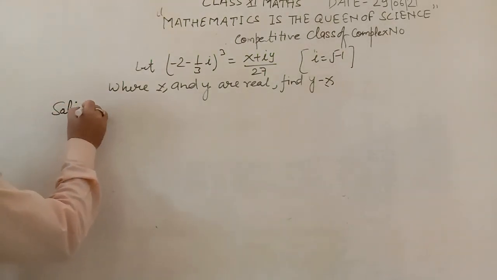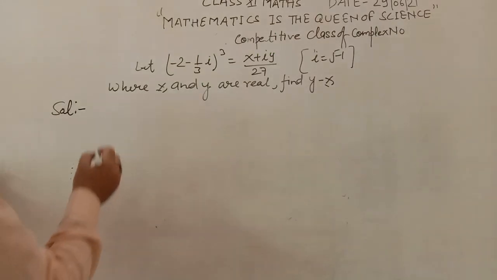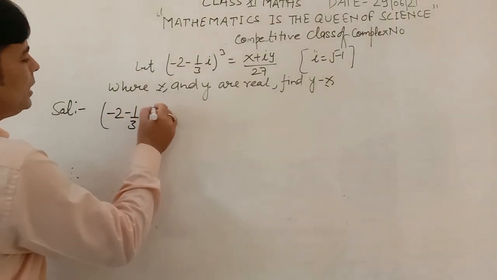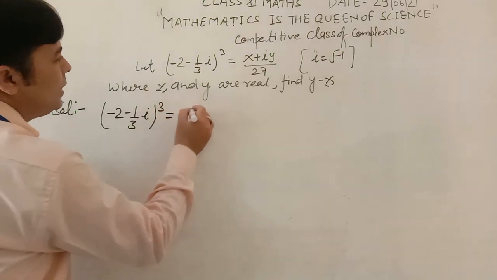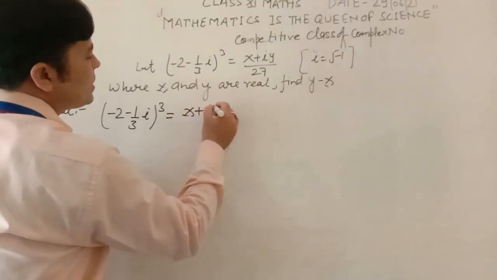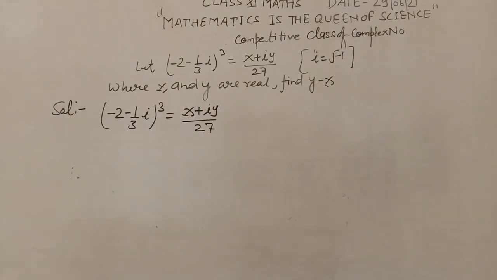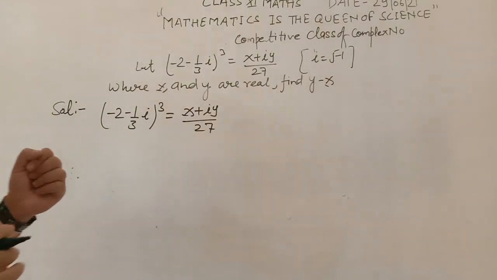How can you find out the value of x and y? This is (-2 - 1/(3i)) to the power 3 is equal to (x + iy)/27.